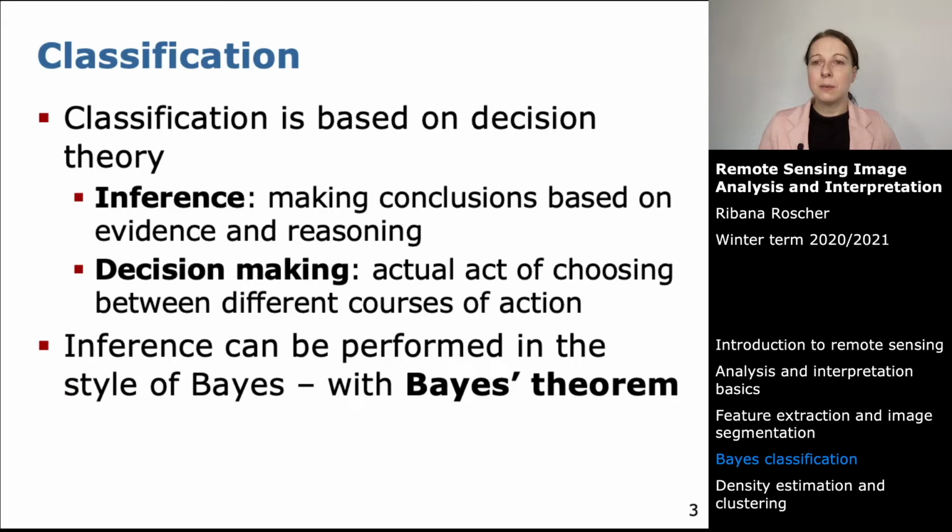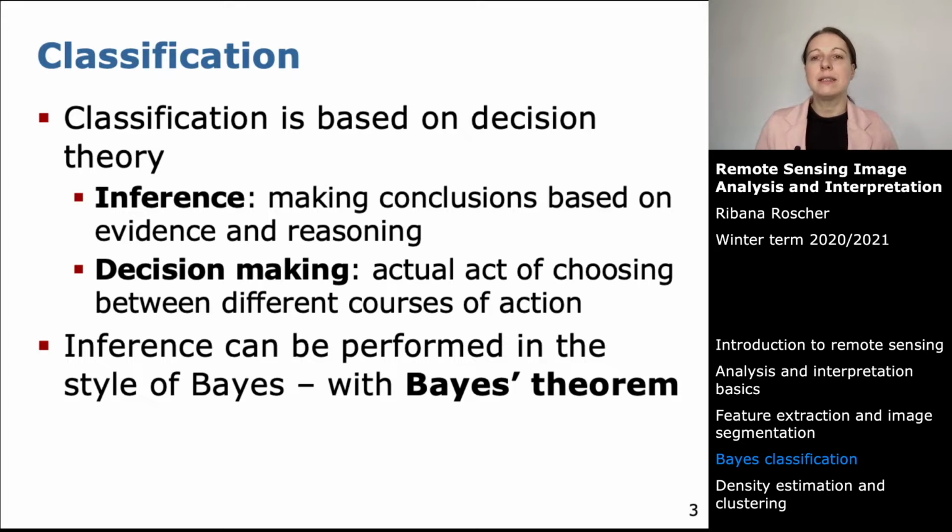And when we want to talk about decisions and probability, we first need to think about decision theory, because classification is based on decision theory. And in decision theory there are two core steps. One is inference and the other one is decision making.